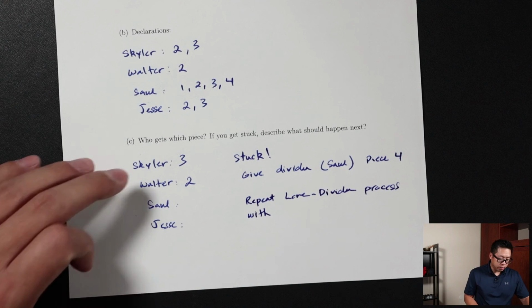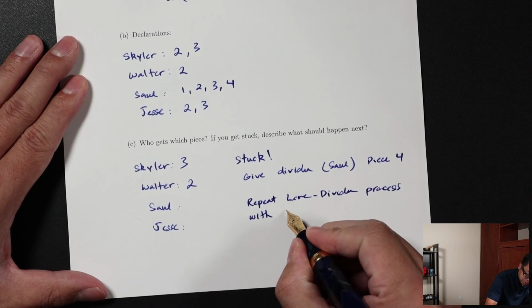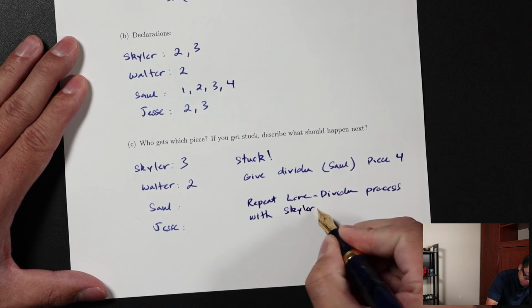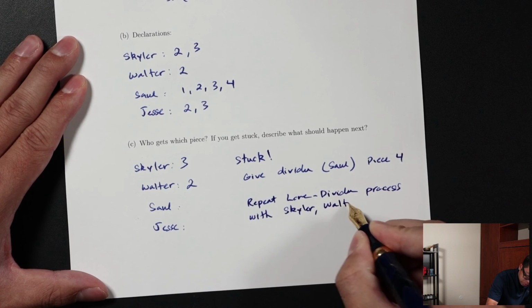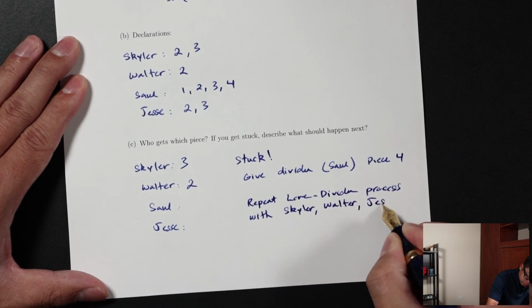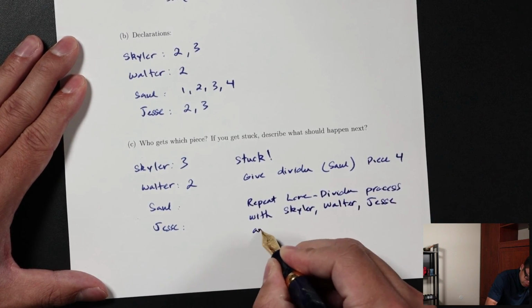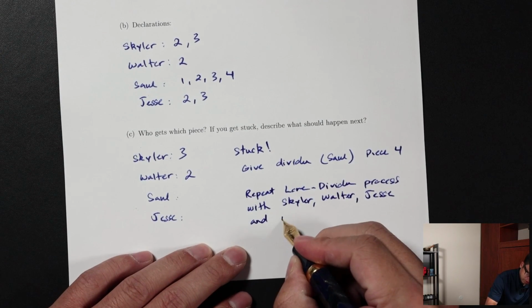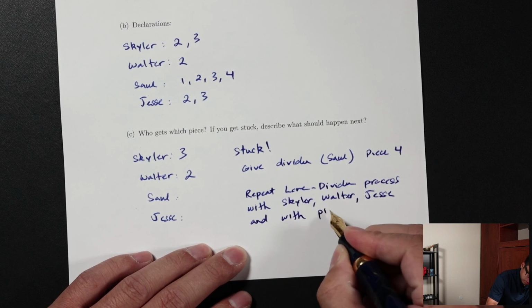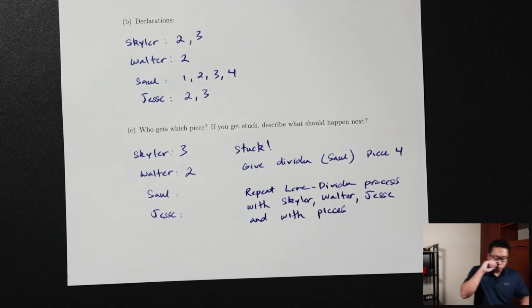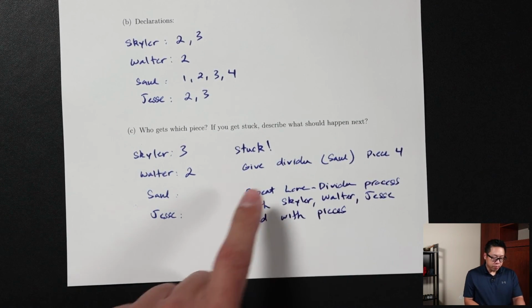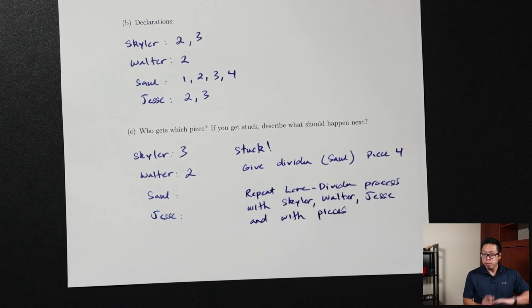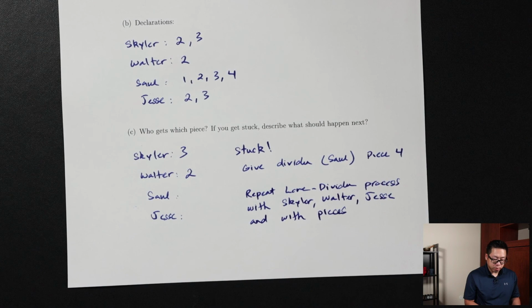So who's left? Skylar, Walter, Jesse. And with the pieces that are left. We gave Sol piece 4. He went away. Pieces that are left are 1, 2, and 3.